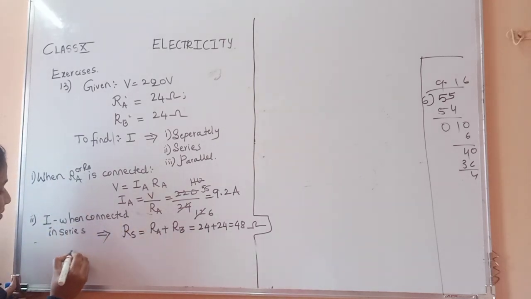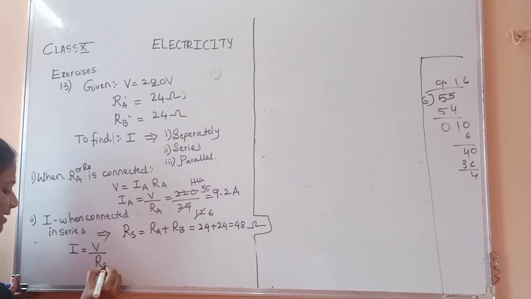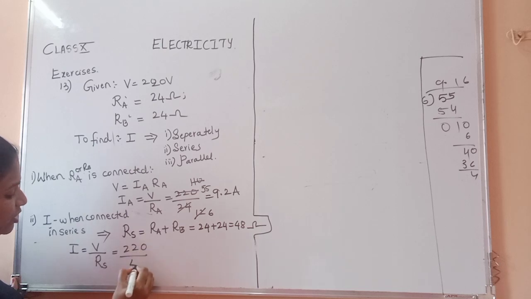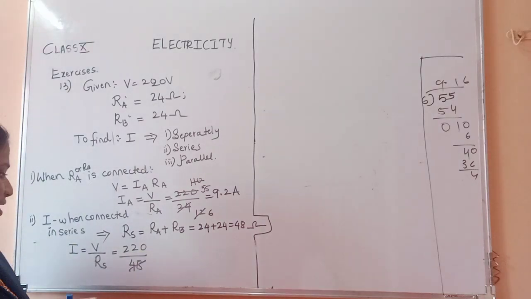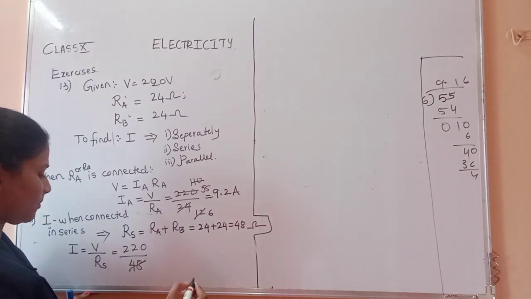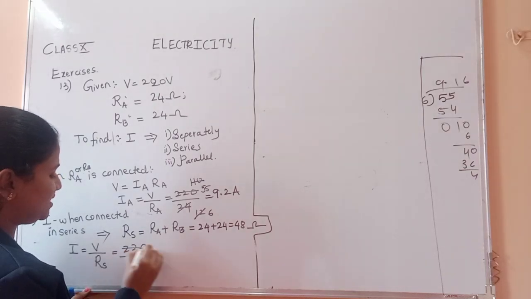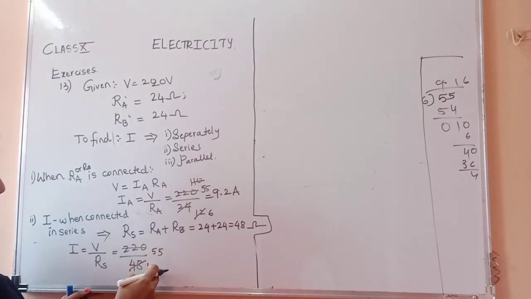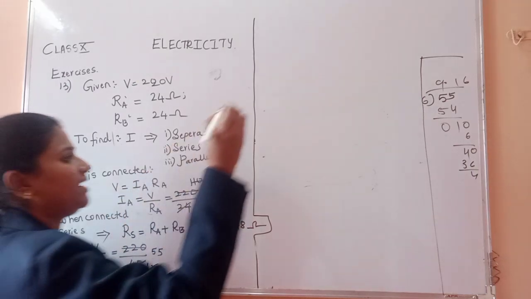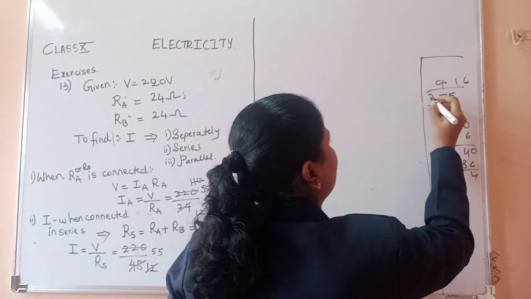Next, I is equal to V by RS. What is V? 220. What is RS? 48. So 12, we can say, 4 ones are 4, 12s are 4, 55s are. So 55 by 12 you will get. Again we will divide the 55 by 12.